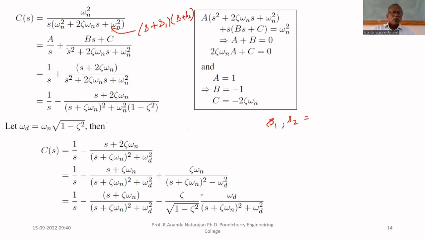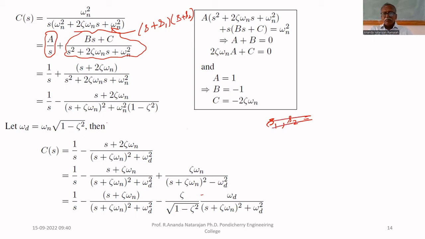Now we have to do the partial fraction. That's why we are writing A upon S plus Bs plus C upon S square plus 2 zeta omega n S plus omega n square. Why Bs plus C? Because it is a second degree polynomial, that you know.